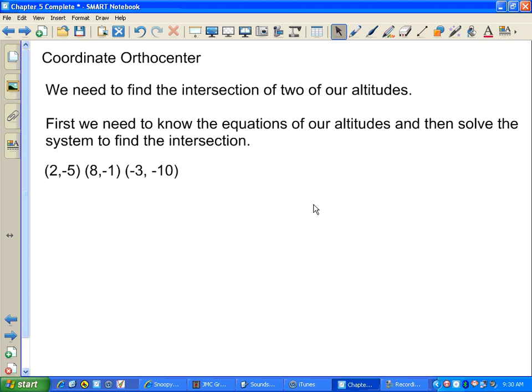The orthocenter, which requires the altitudes, is a little bit more advanced algebra. Because what we're going to have to do is find the equation of lines that go through a given vertex and are perpendicular to the line that connects the opposite two vertices.